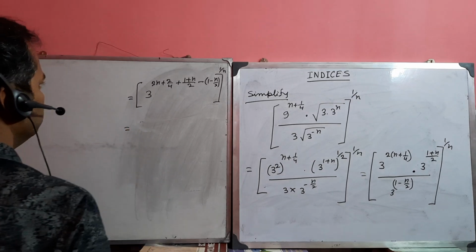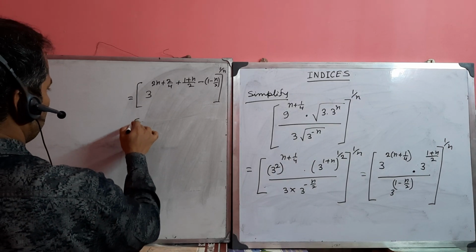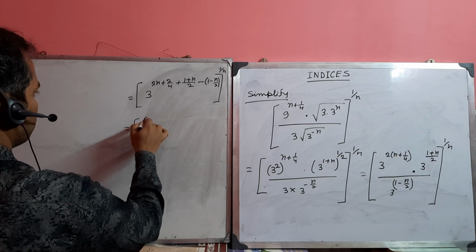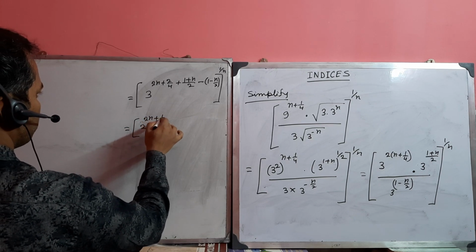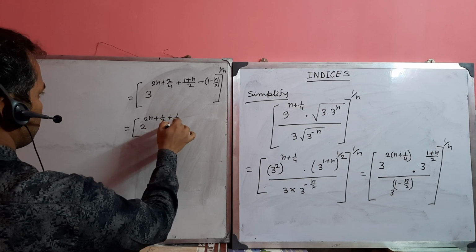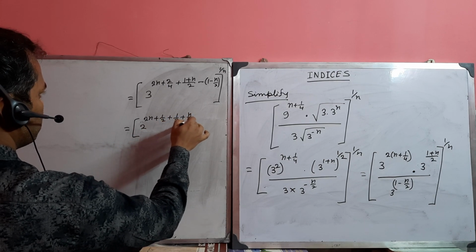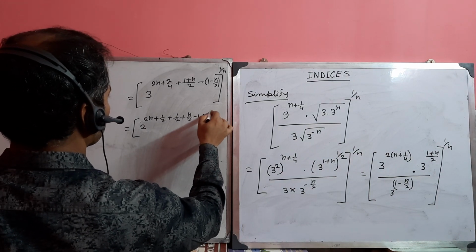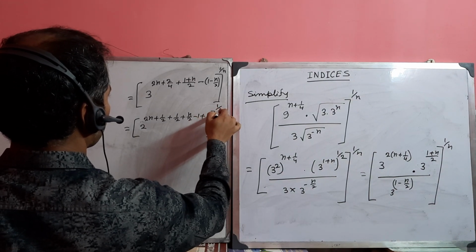This one equals 3 to the power 2n plus half plus n by 2 minus 1 plus n by 2, whole to the power 1 by n.